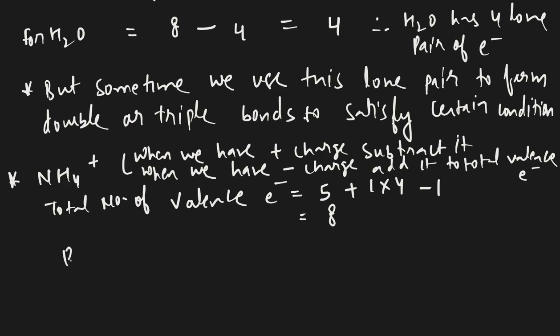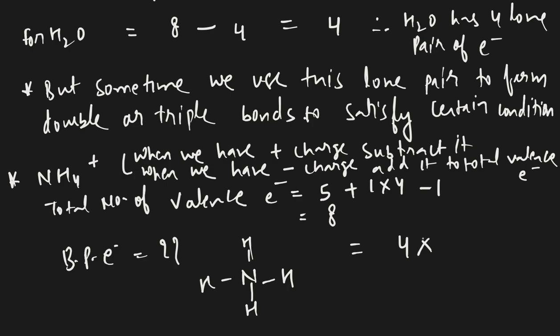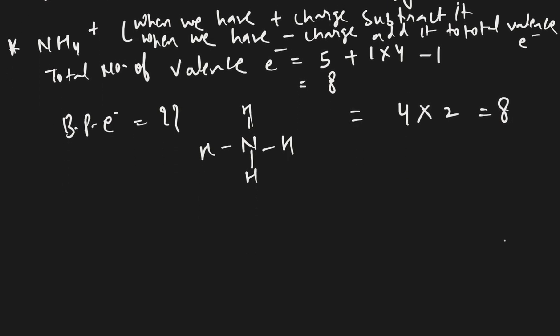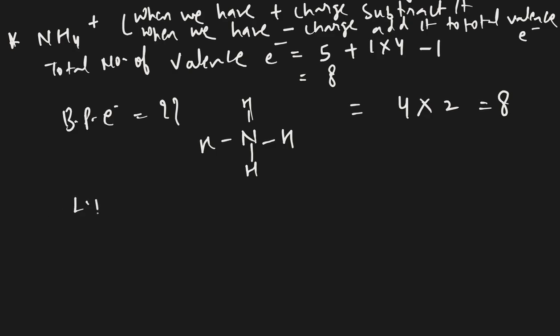Okay, what about the bond pair electron? So nitrogen, hydrogen, hydrogen, hydrogen, hydrogen. How many bonds are there? 4, right? So number of bond pair electrons will be 4 multiplied by 2, that is 8. And what about the lone pair electron?